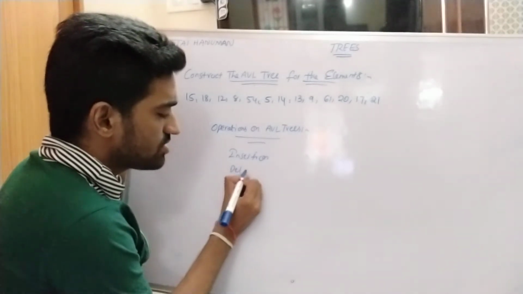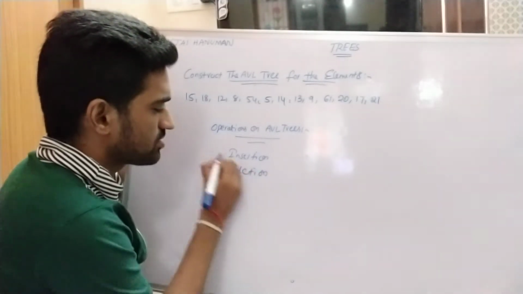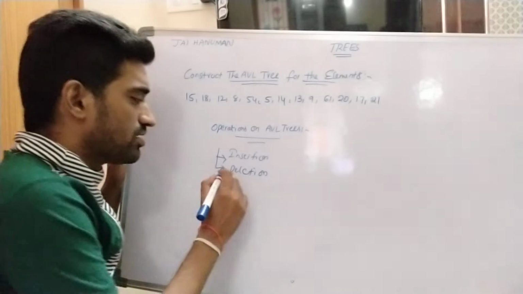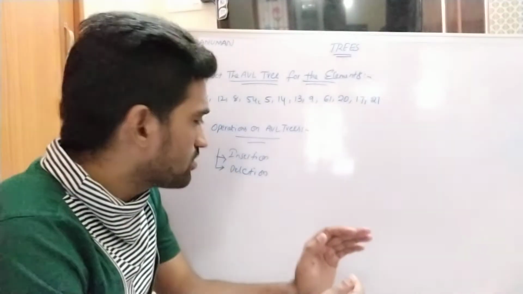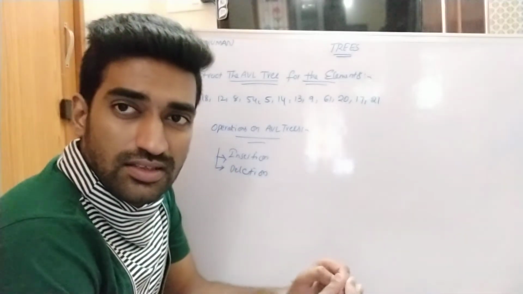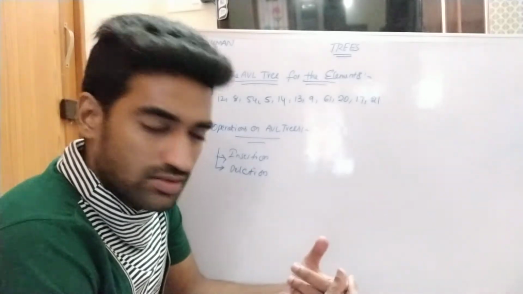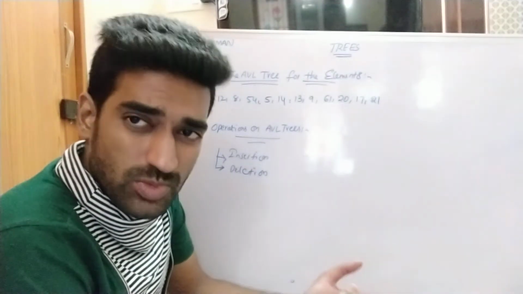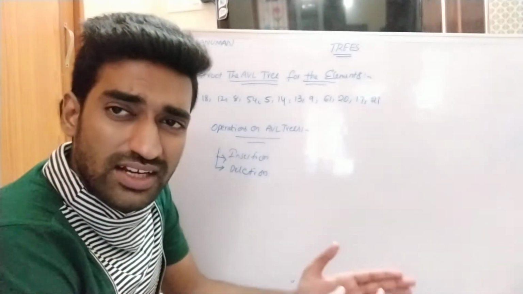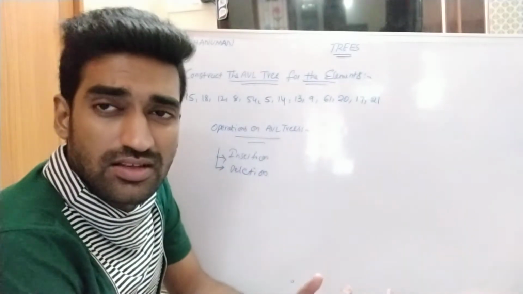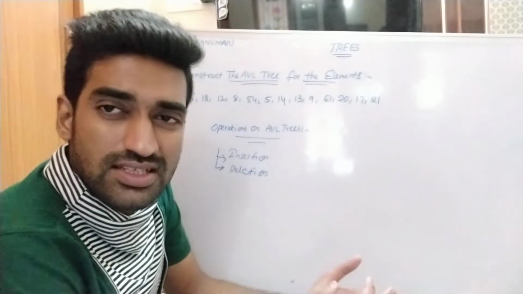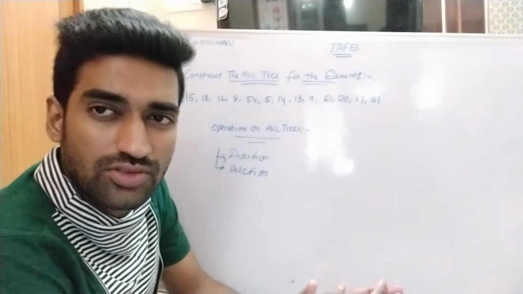The second one is the deletion operation. At the time of insertion and deletion operations, if any node does not satisfy the AVL tree's properties, we simply apply rotations on the AVL tree to adjust the balancing factor of a node, right?